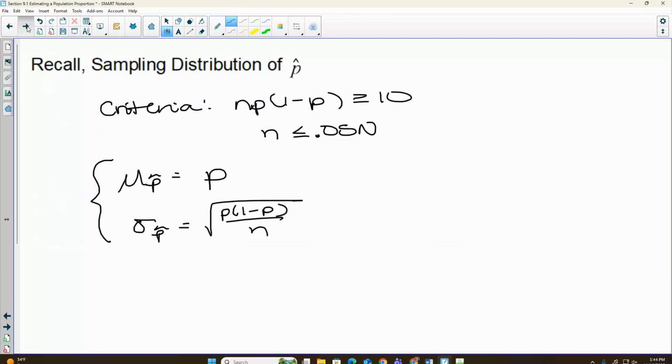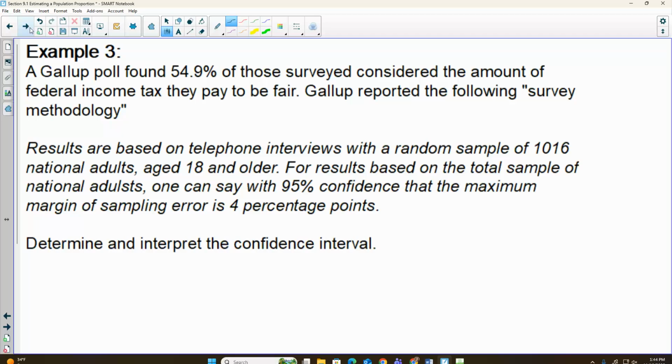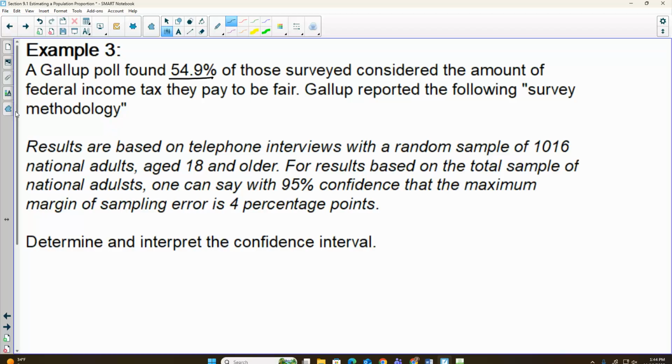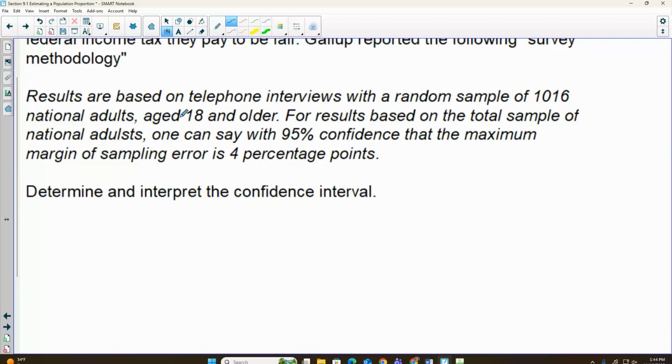All right. Let's get another one. A Gallup poll found 54.9% of those surveyed considered the amount of federal income tax they pay to be fair. Gallup reported the following survey methodology. Results are based on telephone interviews with a random sample of 1,016 national adults aged 18 and older.